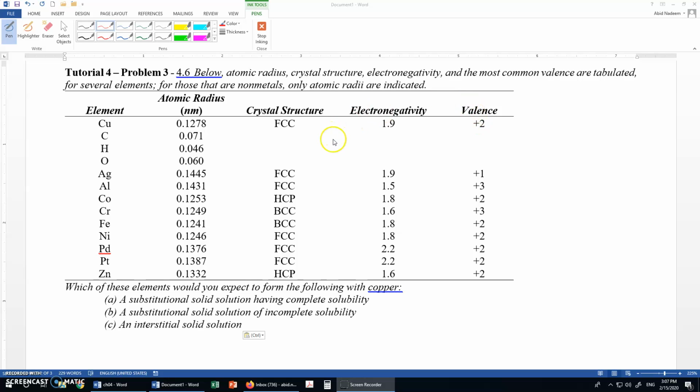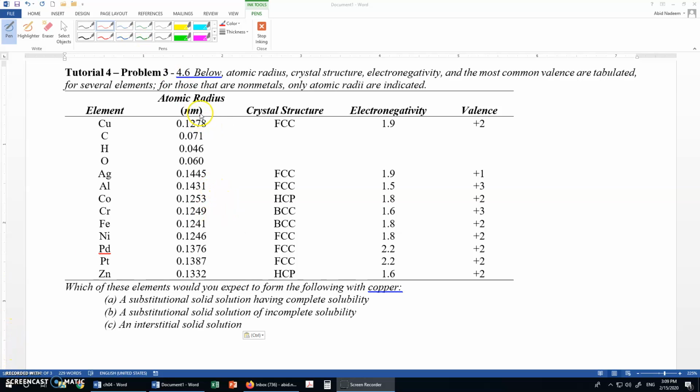If all these four conditions are met, then the element will fall into the substitutional solid solution having complete solubility. If just one condition is not met, then we may consider it to fall into category B, substitutional solid solution of incomplete solubility, and otherwise it may be considered an interstitial solid solution. So let's look at this problem by analyzing the data which is given to us.